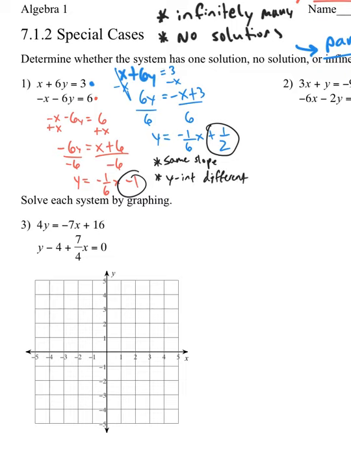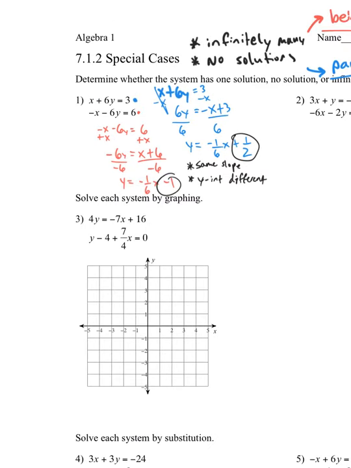But because the slope is the same, that means that these two lines are parallel. Same slope, different y-intercepts. So they're parallel lines, which means that there are no solutions, no points where they would intersect, no solutions.